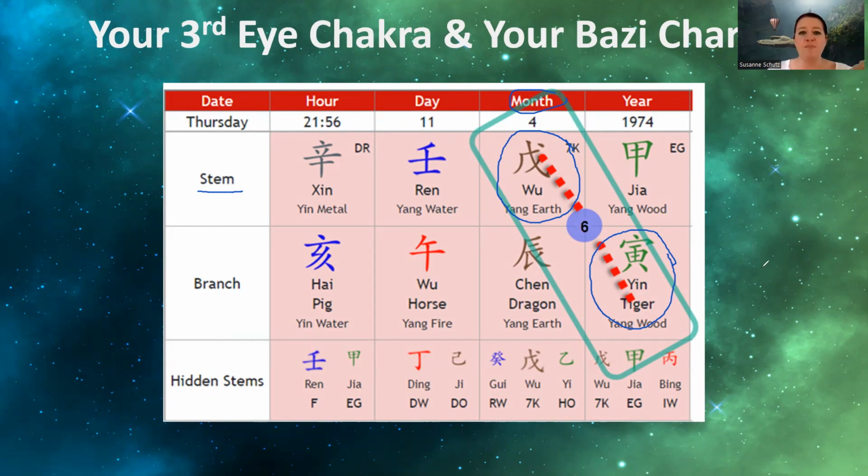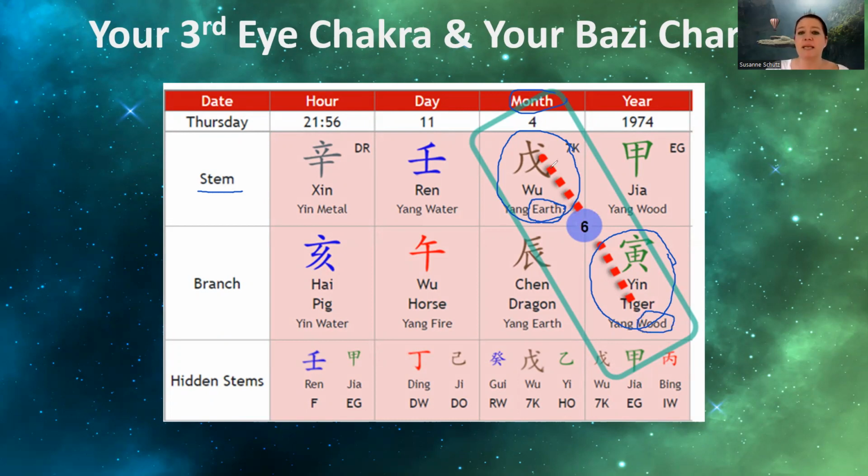So the month stem versus the year branch. The relationship between these two elements will tell us whether or not you have a block in your third eye chakra. What you need to pay attention to is just the element that you have present here and here.